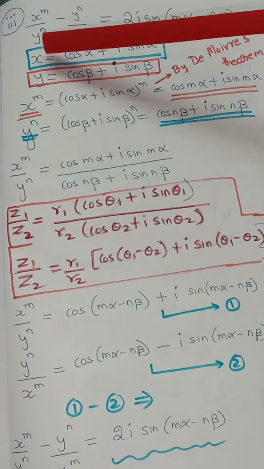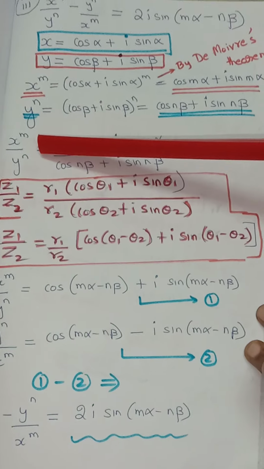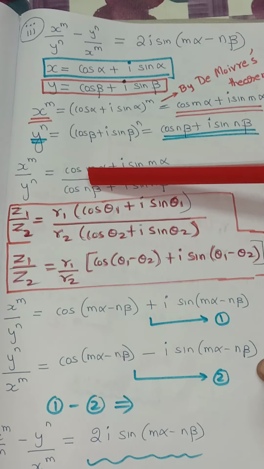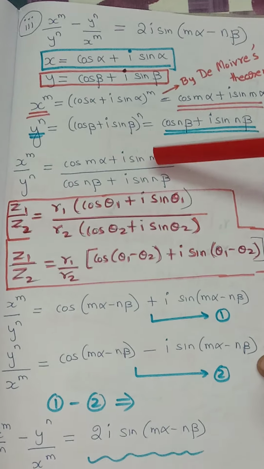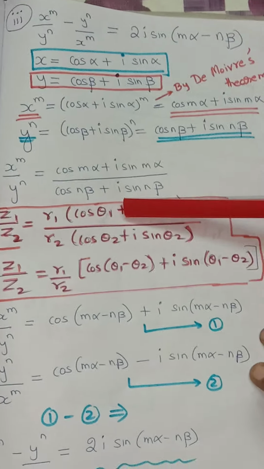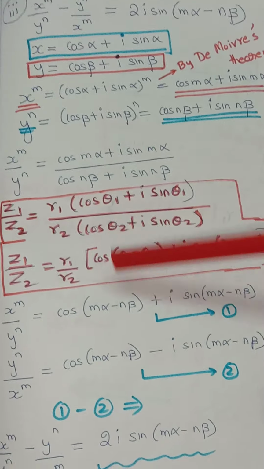Now let us come to the first term of the question. The first term of the question is x^m / y^n, that is (cos m alpha + i sin m alpha) / (cos n beta + i sin n beta). It is in the form of division.